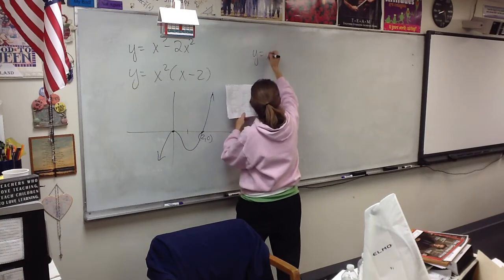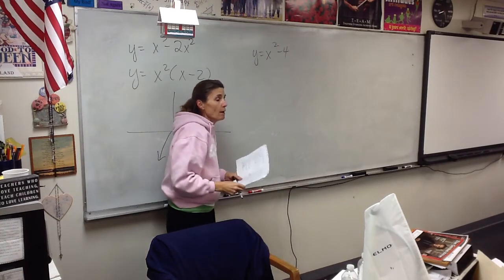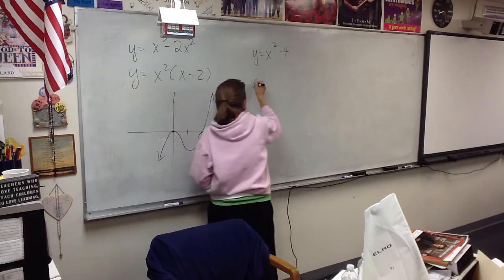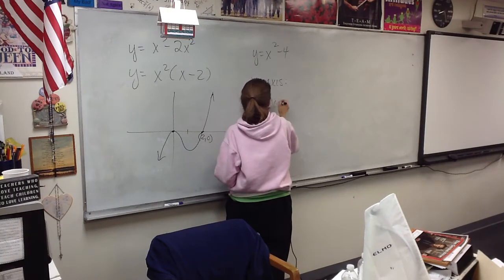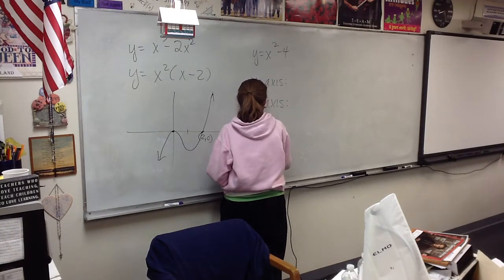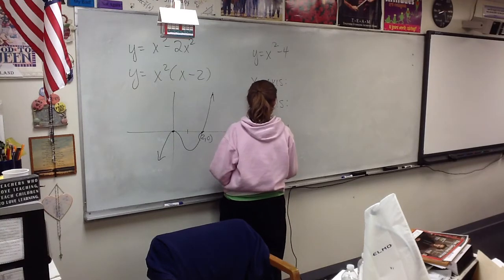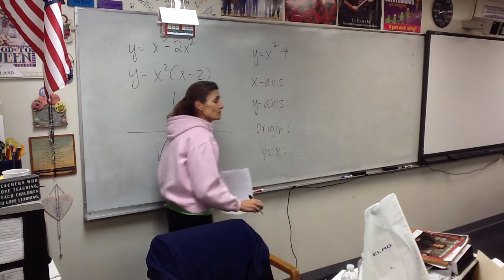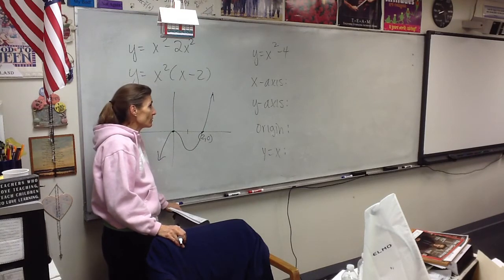Number 23 is a very obscure problem because we haven't talked about symmetry for a long time. And it hasn't really come up, so we haven't talked about it since we did it back in September or whatever.